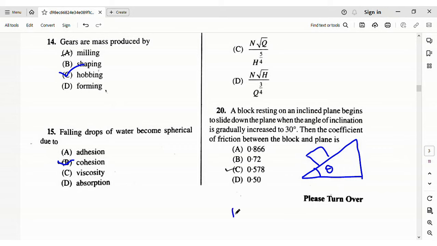So we have friction mu, coefficient of friction mu equals tan theta. Tan theta equals tan 30 degrees, equals 1 by root 3. So the answer will be 0.578.